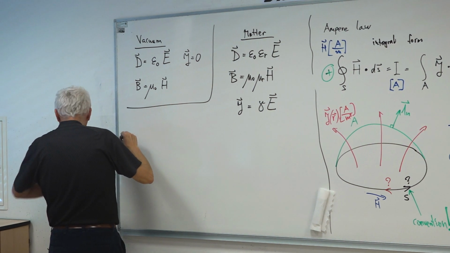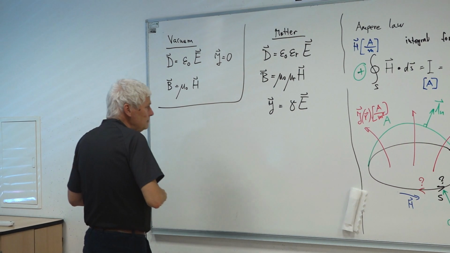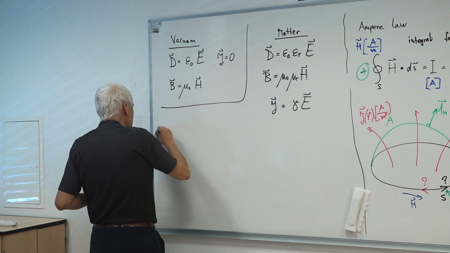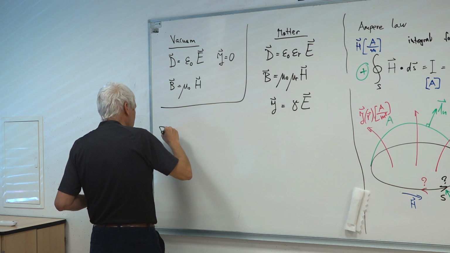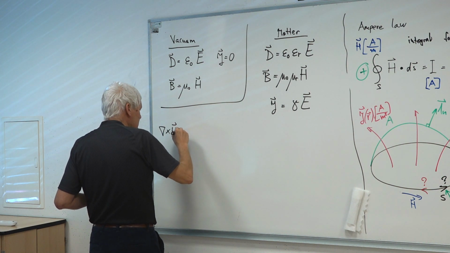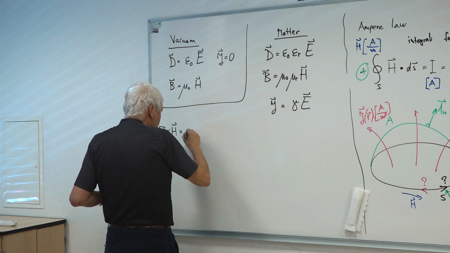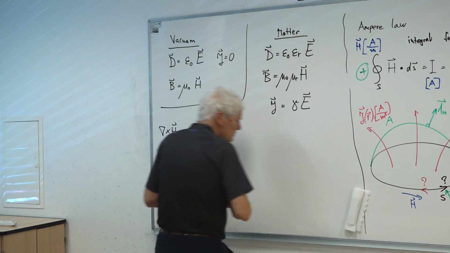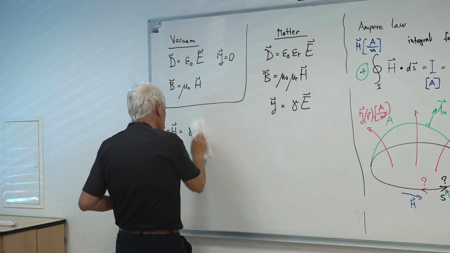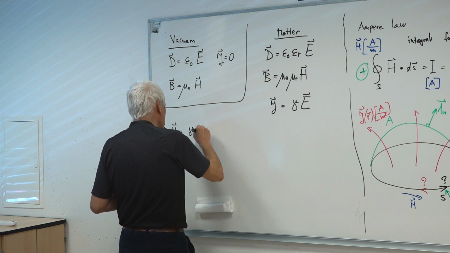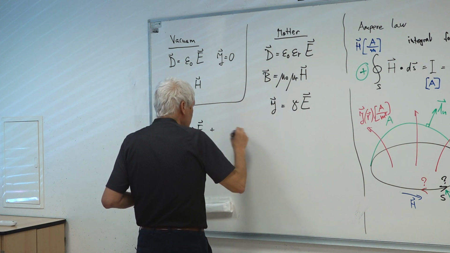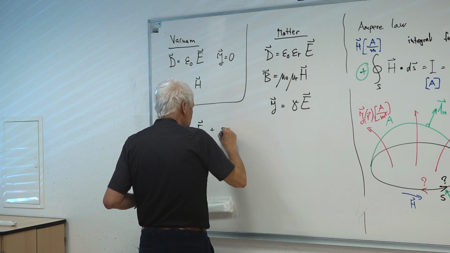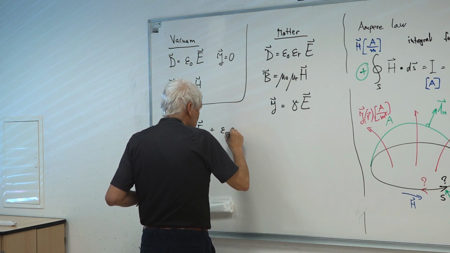Well, I'm going first to rewrite them. So the curl of the magnetic field intensity could now be conductivity times field E, plus here we have the permittivity.